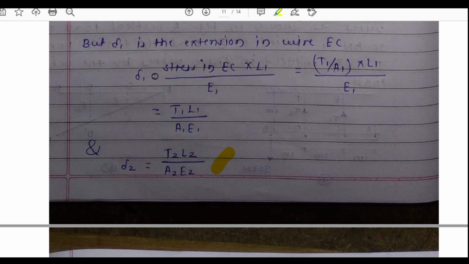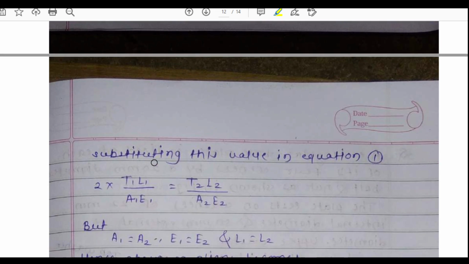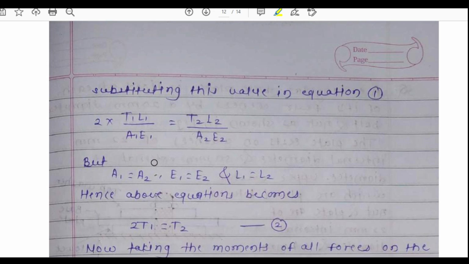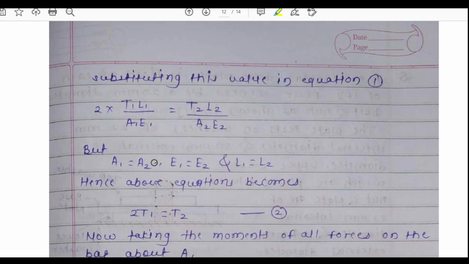Simply we can do this for the extensions delta 1 and delta 2. This is very simple. Now secondly, substitute this in 2 delta 1 equals delta 2, with this being the value of delta 1 and this the value of delta 2.